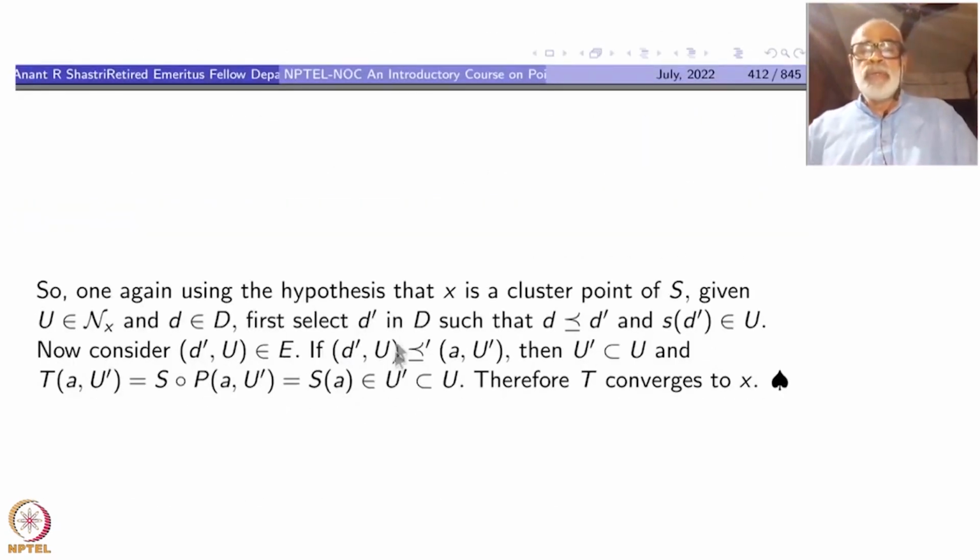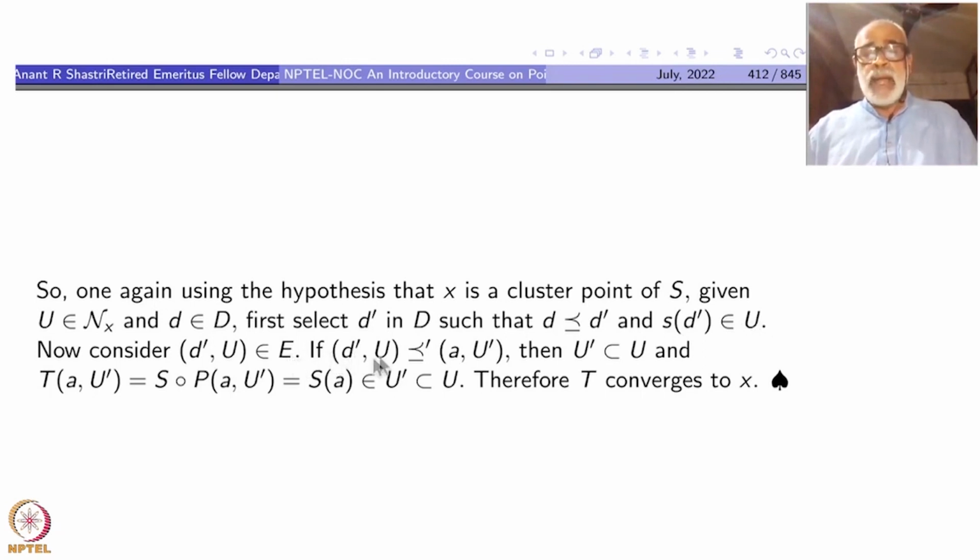Once again, use the hypothesis that X is a cluster point of S. Given U inside N_x, first select d' in D such that d is less than or equal to d' and S_d' is inside U. That is because X is a cluster point. Now (d', U) is inside E, because S_d' is inside U. This is a member of E now.